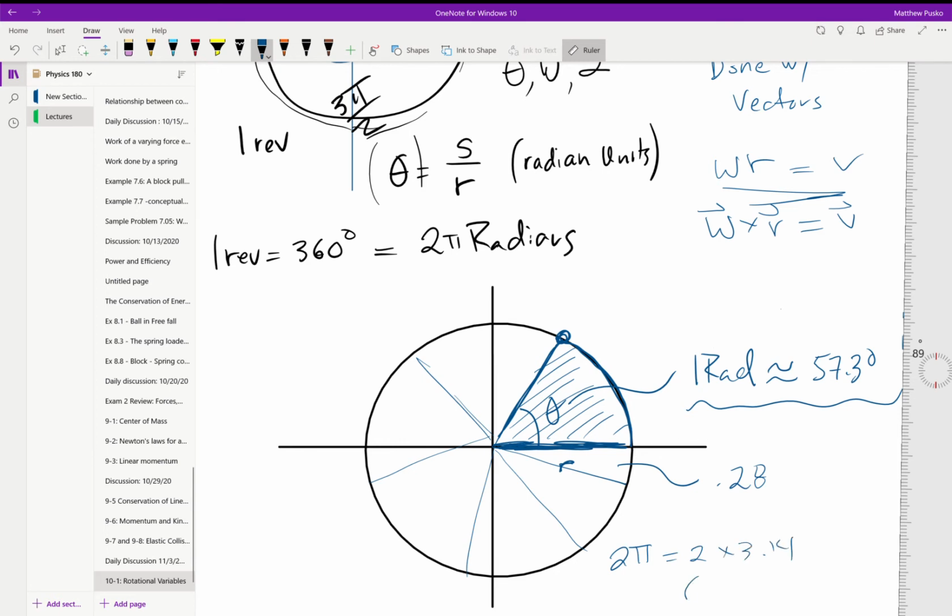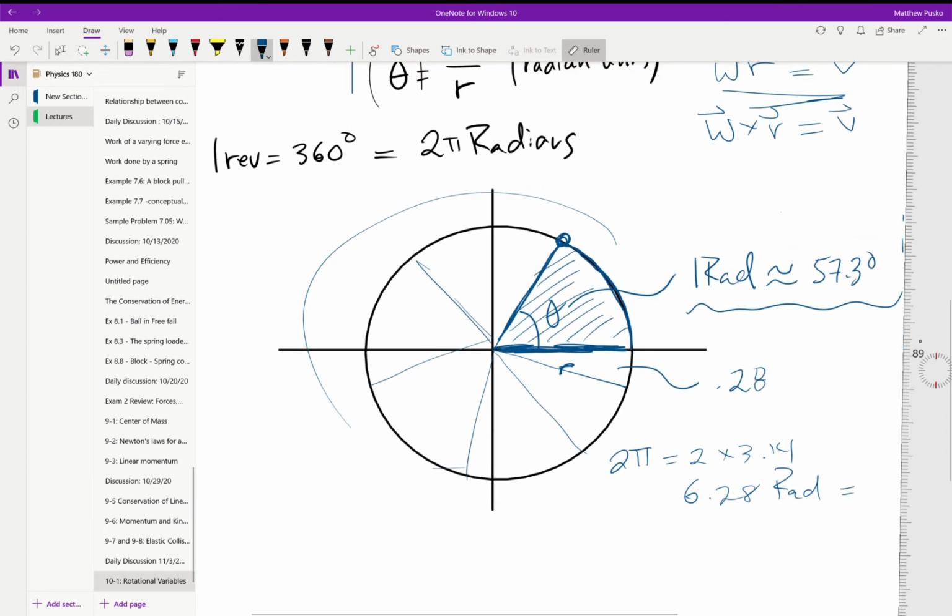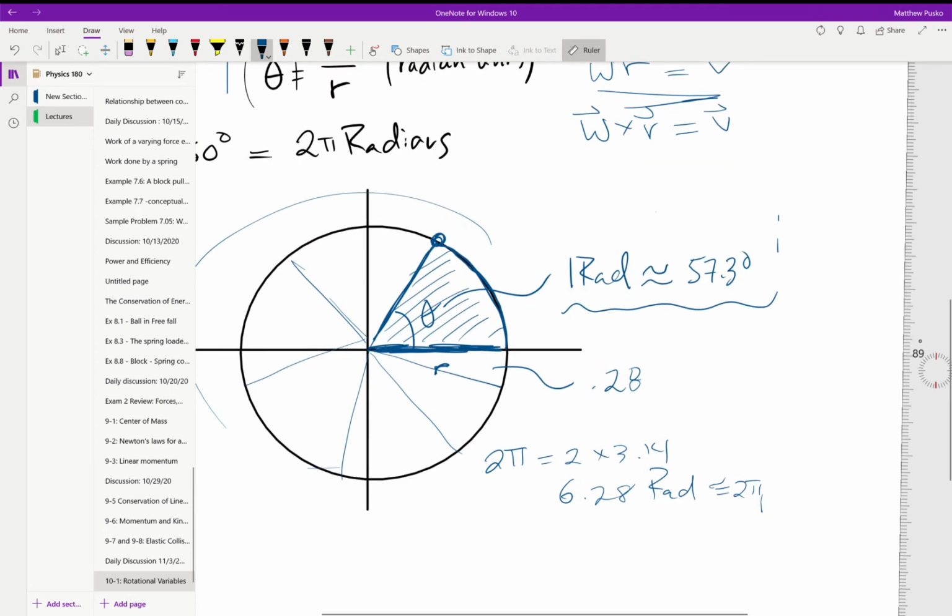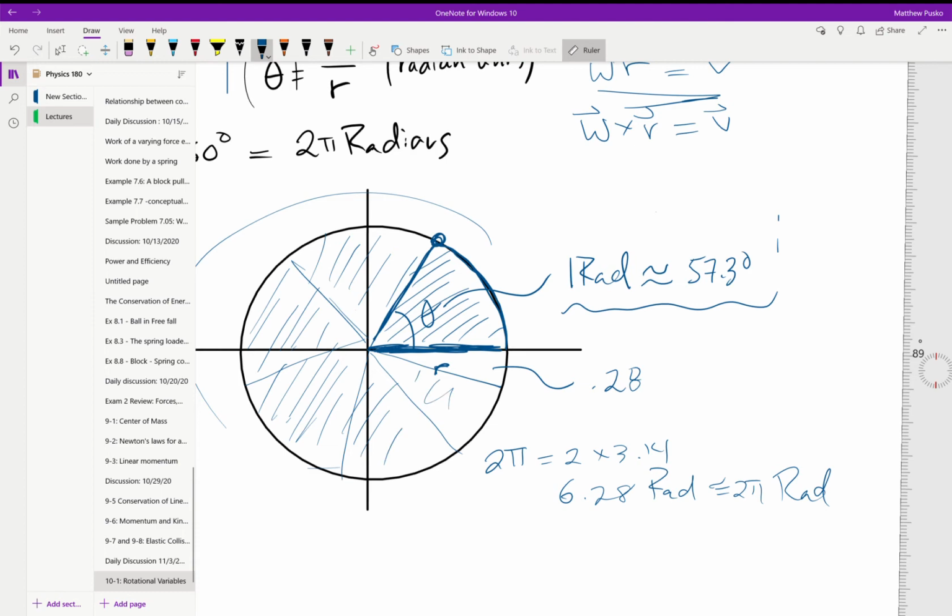It went 6.28 radians around. So 6.28 radians is approximately equal to 2 pi radians. That's what I'm getting at. There's 6.28 radian slices to get around the circle one time. That's how I remember it.